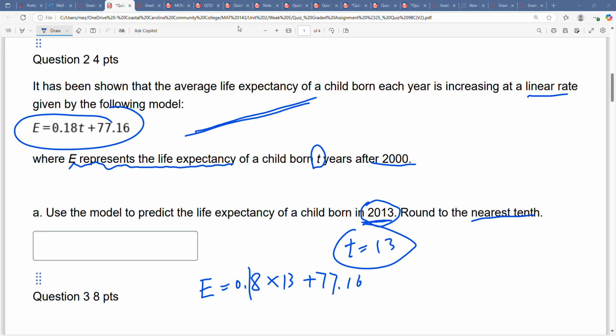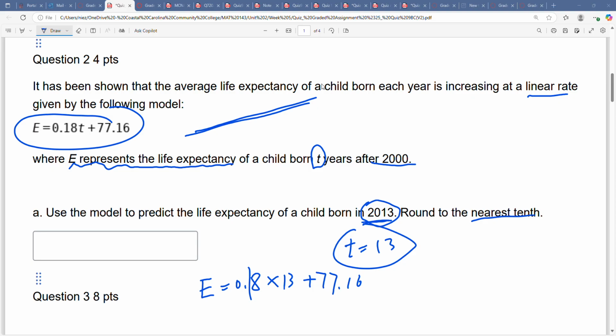Let me use my calculator. I just Google it: 0.18 times 13, then plus 77.16.